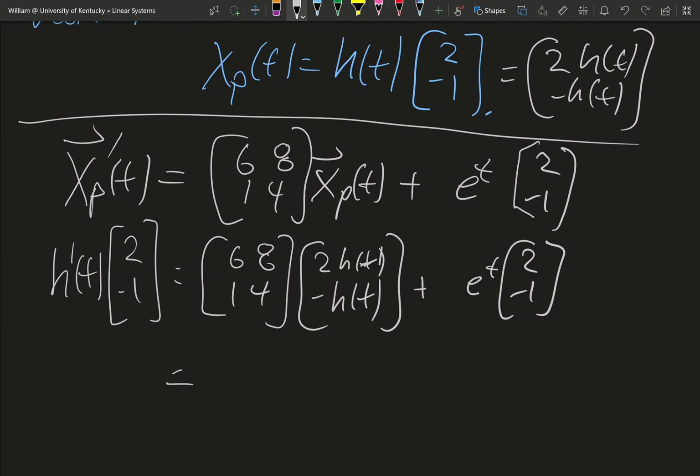We look at what happens here. In the first coordinate we have 6 times 2, so 12h, minus 8h, and in the second, 1 times 2h minus 4h.